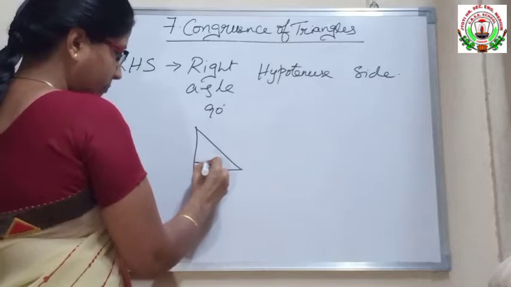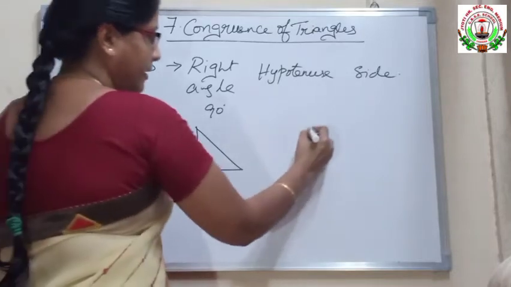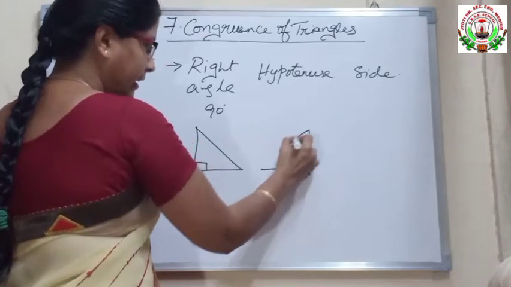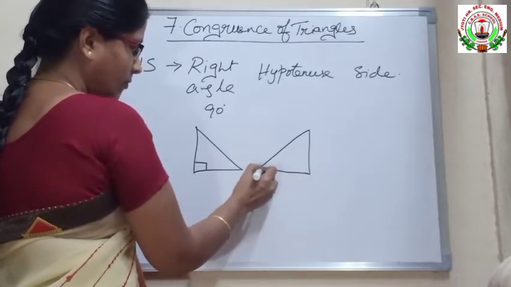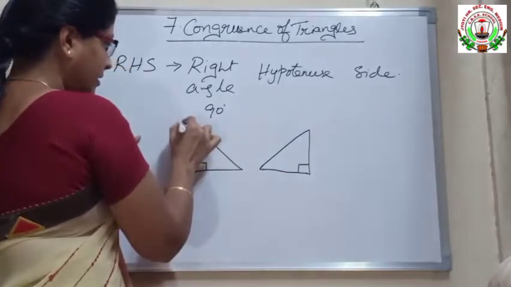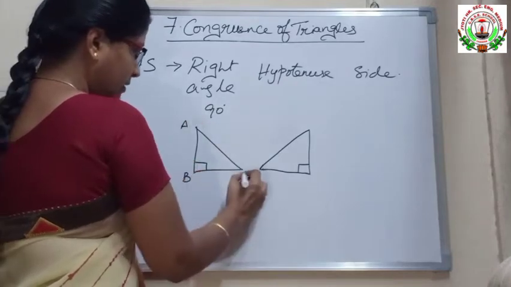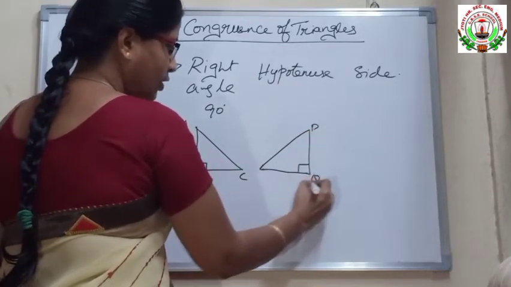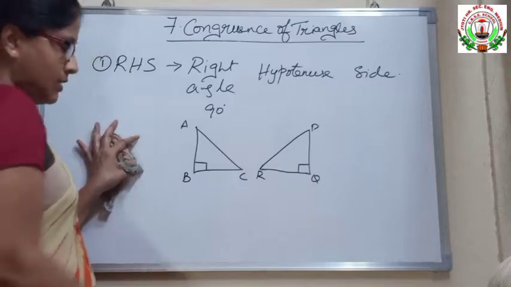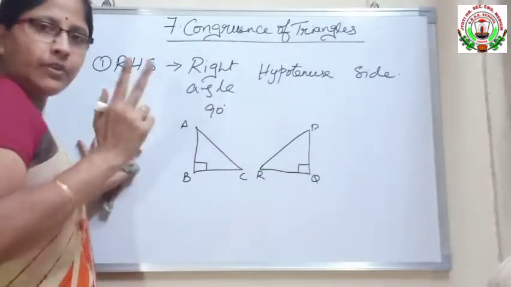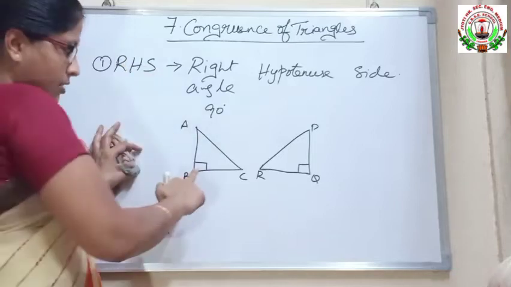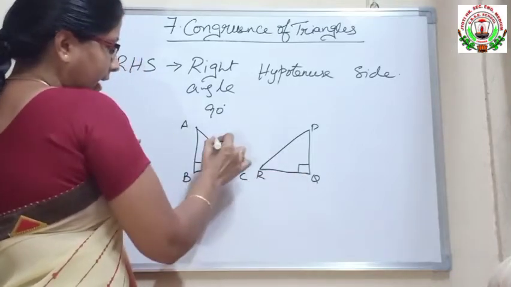You know that 90 degrees here and one right angle triangle here, 90 degrees here. So A, B, C, P, Q, R.